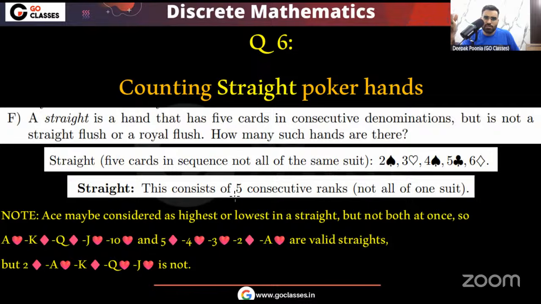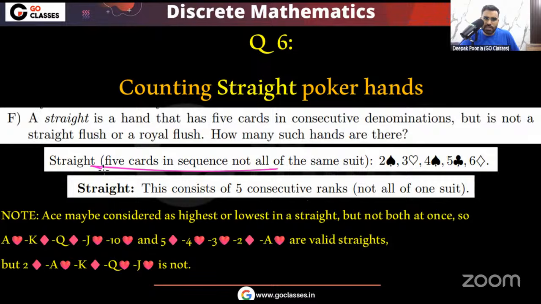If you have 5 cards in the same suit and consecutive denomination, then it will be either a royal flush or a straight flush. But here we want 5 cards in consecutive denomination which is not a straight flush, which is not a royal flush. So not all cards have the same suit. Means you must have at least 2 suits in these 5 cards.